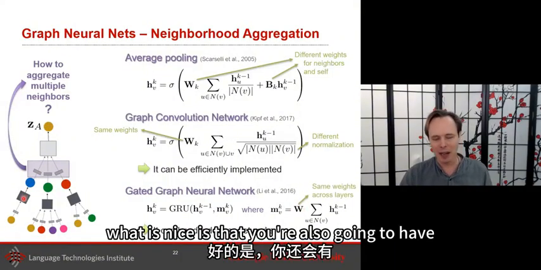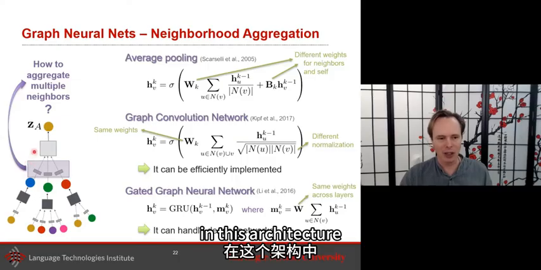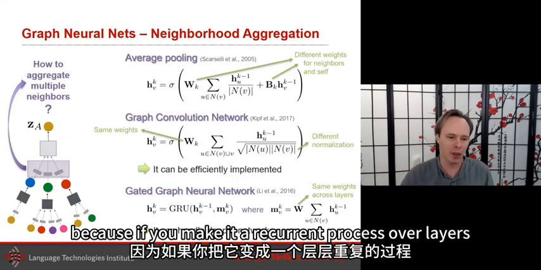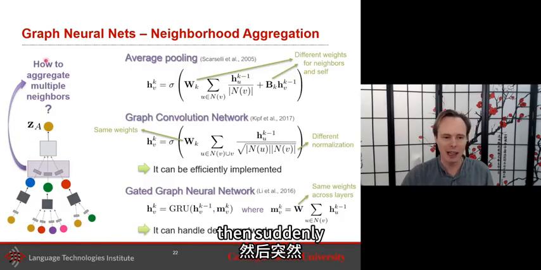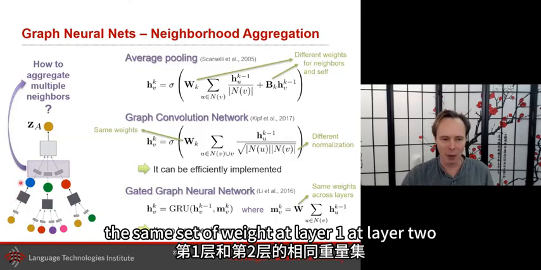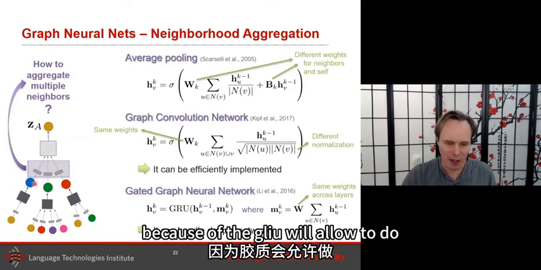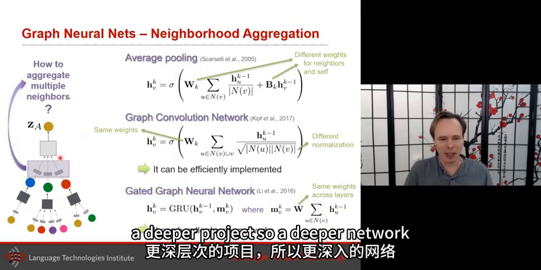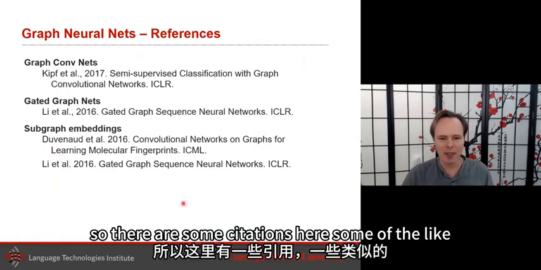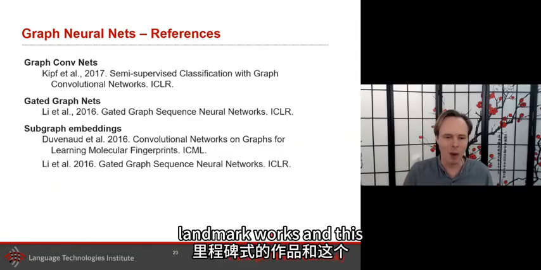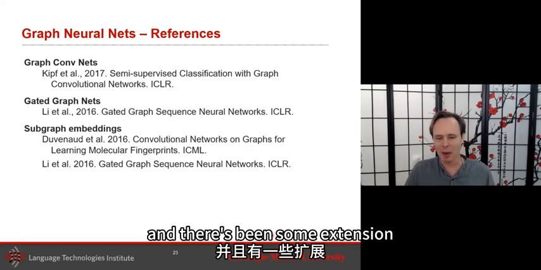What is nice is that you're also going to have in this architecture the same weights, because if you make it a recurrent process over layers, then you have the same set of weights at layer 1, at layer 2. And because of the GRU, that will allow a deeper network. So there are some citations here, some landmark work in this area, and there have been some extensions.